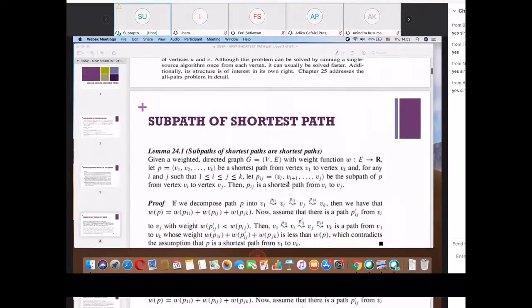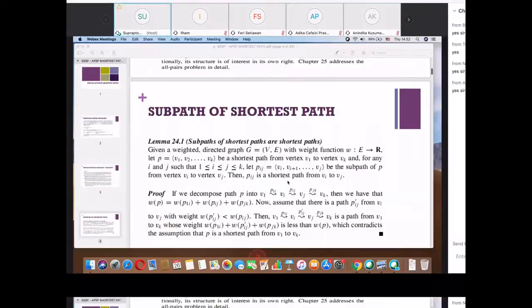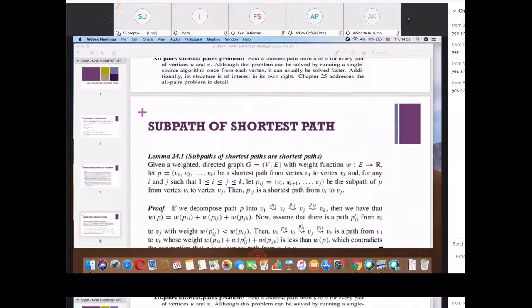Okay, let's first understand the concept of shortest path.